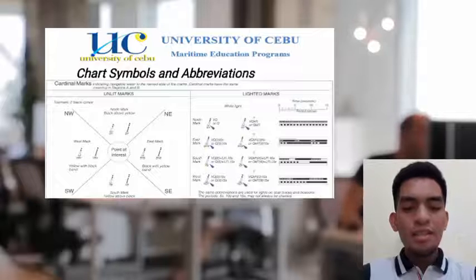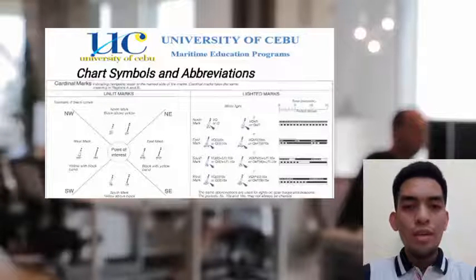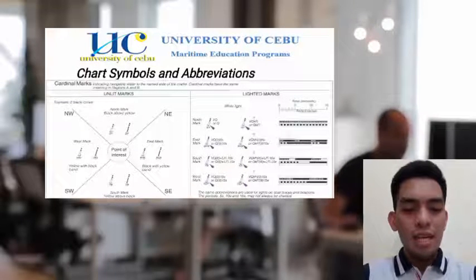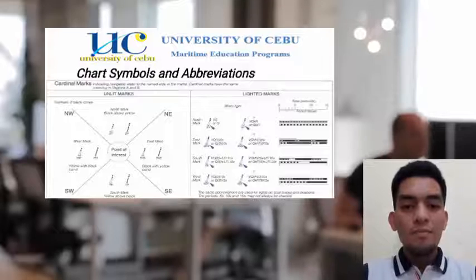Their characteristics are based on a group of quick flashes which distinguish them as cardinal marks and indicate their quadrant.